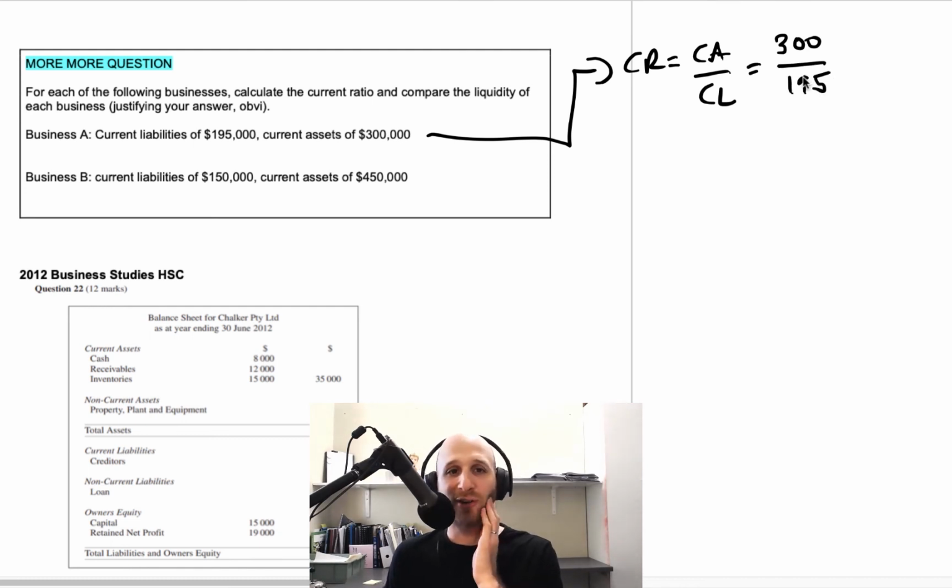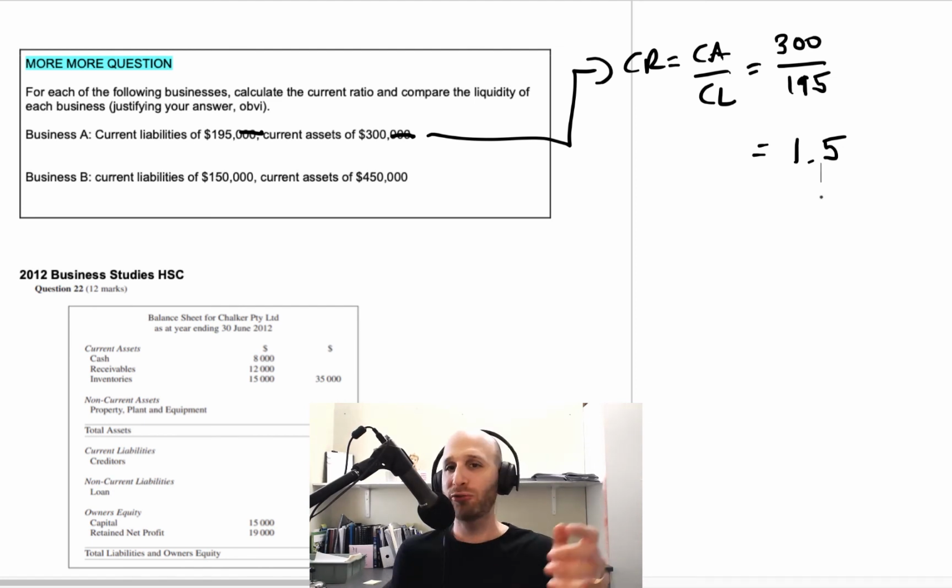I've cancelled out these three zeros because they've both got it. That gives roughly 1.5, so approximately 1.5. Still above 1, so that's cool.